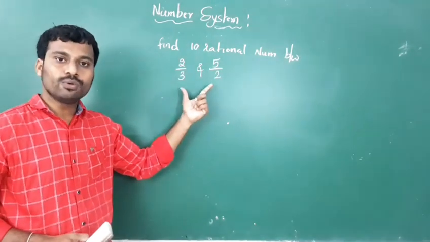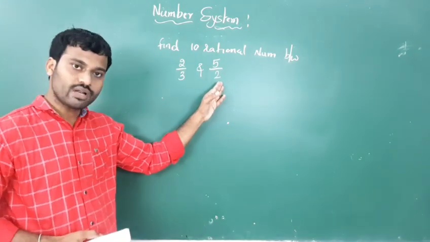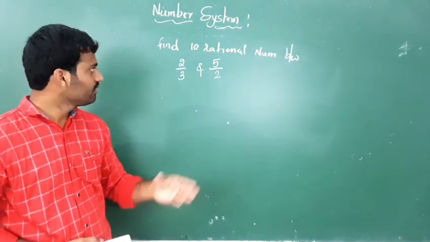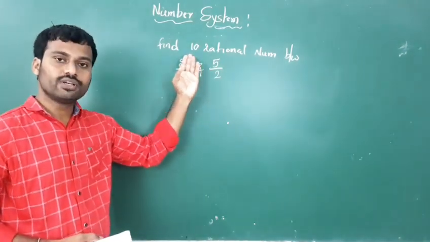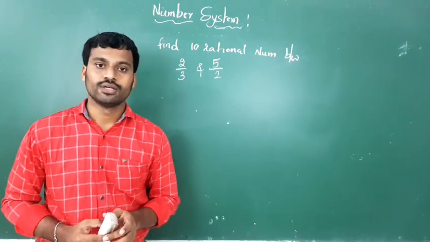These are two distinct rational numbers, so in between them infinite rational numbers will exist. In that, they are asking to find only 10 rational numbers. Very easy. Correct or not?